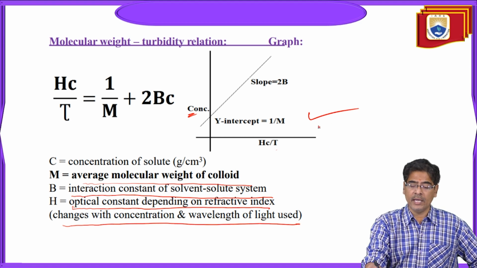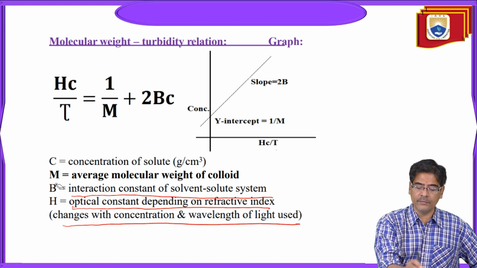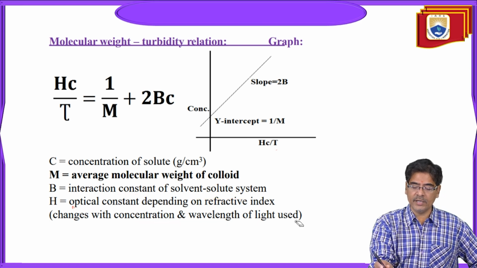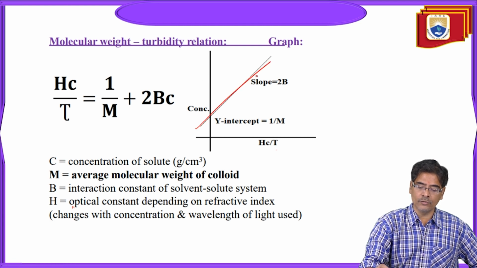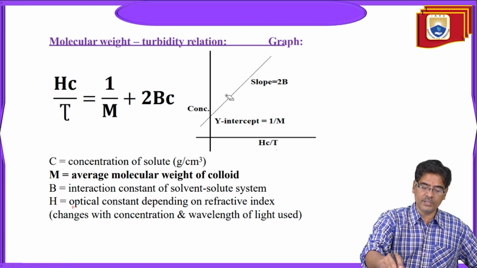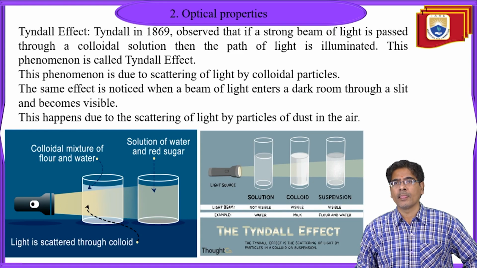If you draw the variation by taking Hc by tau and concentration on the axes, we get an intercept with a positive slope. This is the expression we use to determine the molecular weight from the turbidity relation.